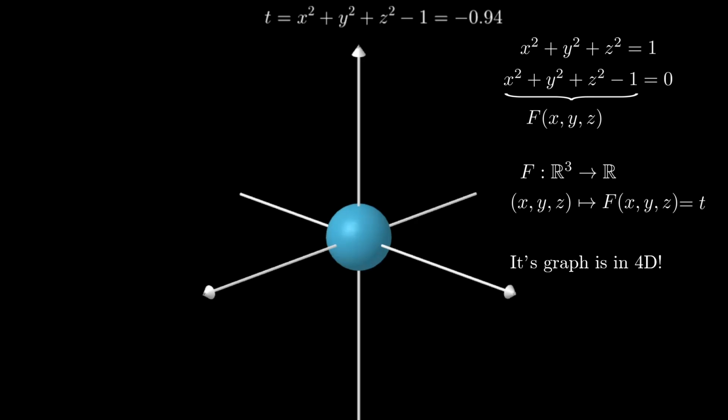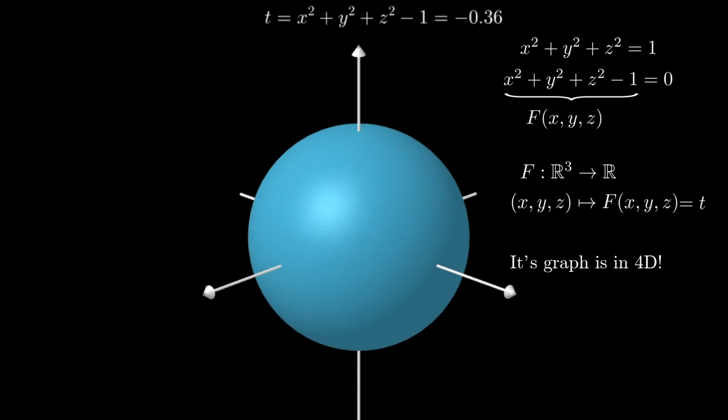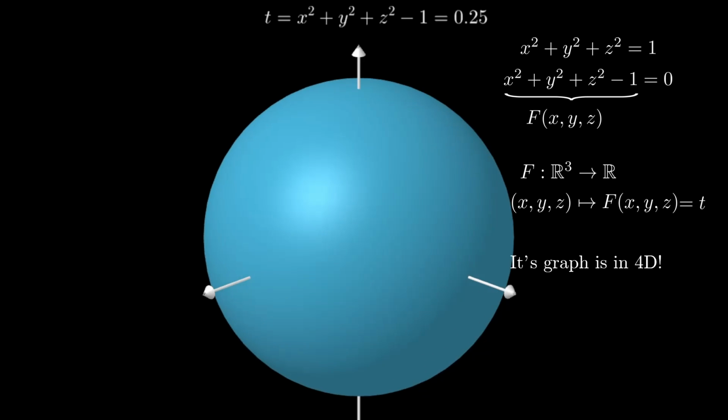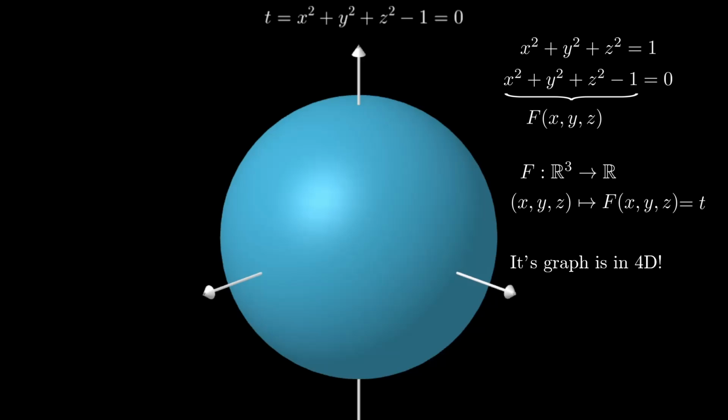So let's see it. As you can see, here we are varying the value of t from -1 to 0. And what we're seeing here is a sphere that is increasing, right? And this increasing sphere is indeed our graph, or the projection of our graph.